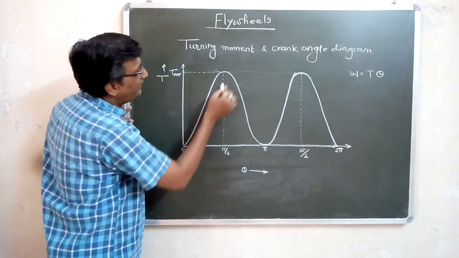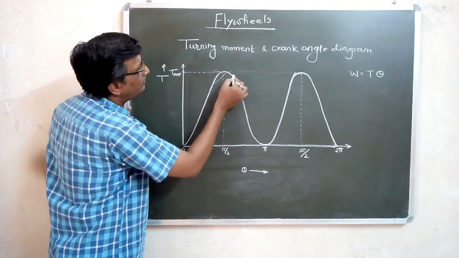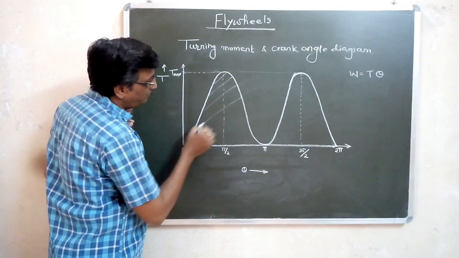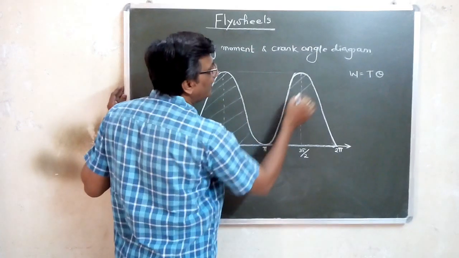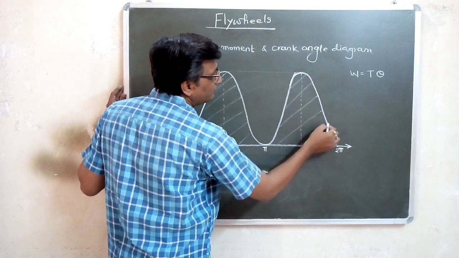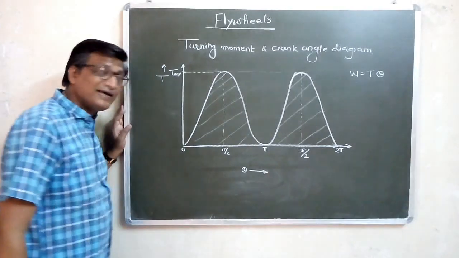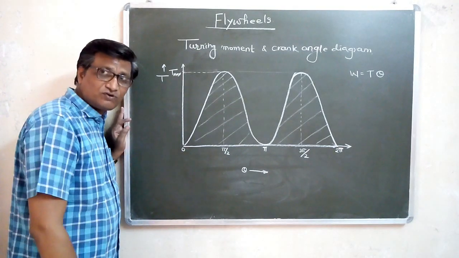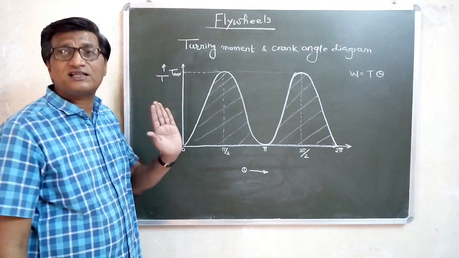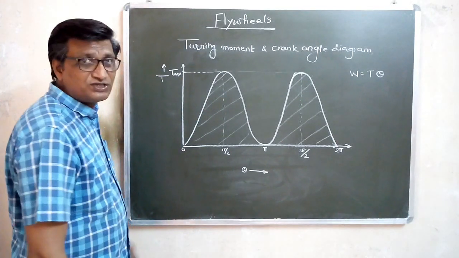That means the area under this total curve is the work done per cycle in this case. So the area under the curve is nothing but the work done per cycle.